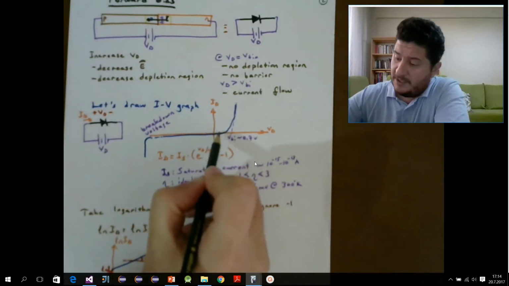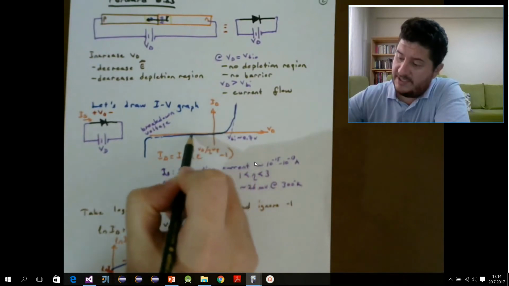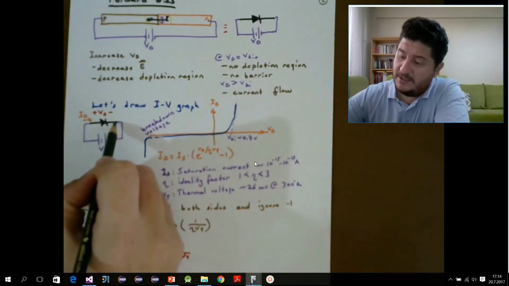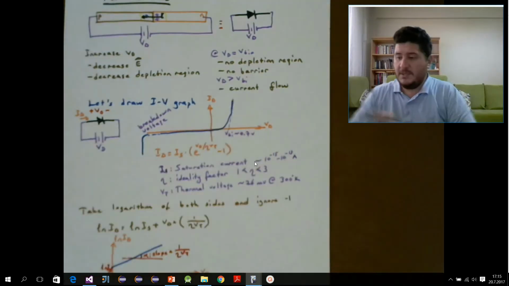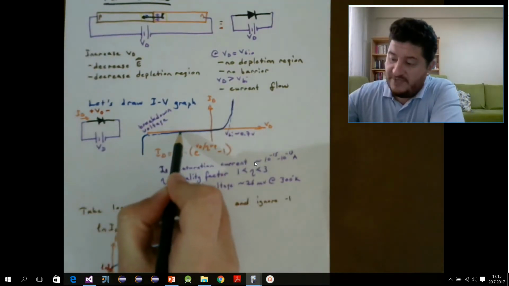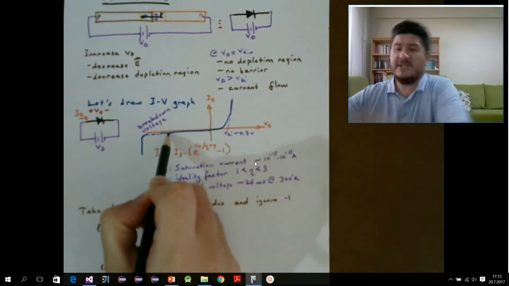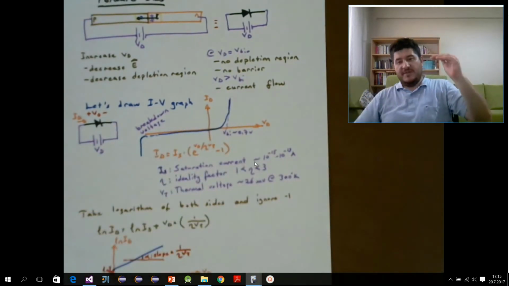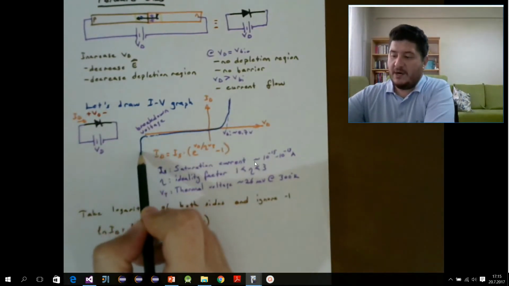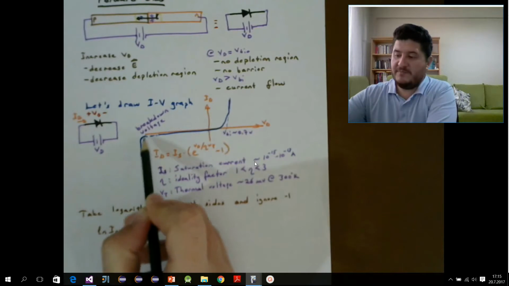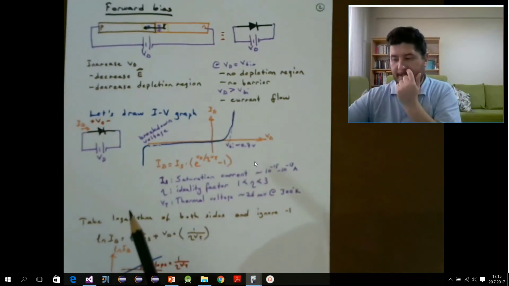Now, if VD is here and ID is here, VD negative means the voltage at the N side is higher than the voltage at the P side. So if we increase the voltage more in the negative side, we are actually making the voltage barrier higher and higher. At some point, our diode will be broken, and that's a non-reversible case here.